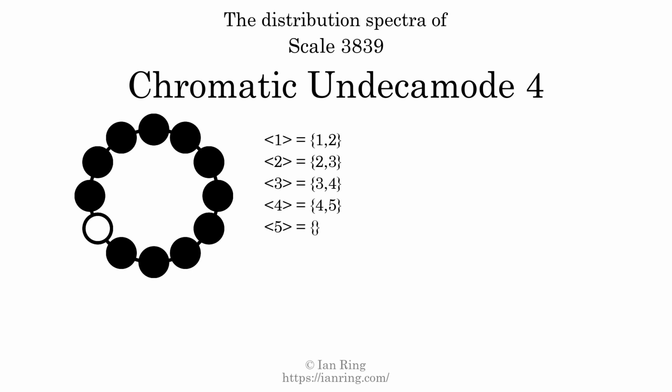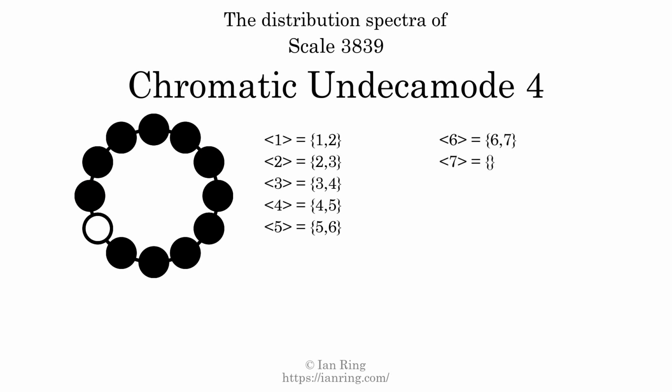The generic interval of 5 scale steps comes in two different specific interval sizes: 5 semitones and 6 semitones. The spectrum width of this generic interval is 1. The generic interval of 6 scale steps comes in two different specific interval sizes: 6 semitones and 7 semitones. The spectrum width of this generic interval is 1.